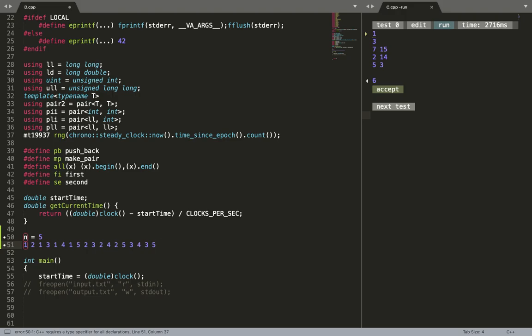We can't go to 2 and 3, we already used that edge. We cannot go to 1 because there are edges 4, 5 and 5, 4 we didn't use. We'll go to 4, then 5, then 1. So the pattern is pretty clear.